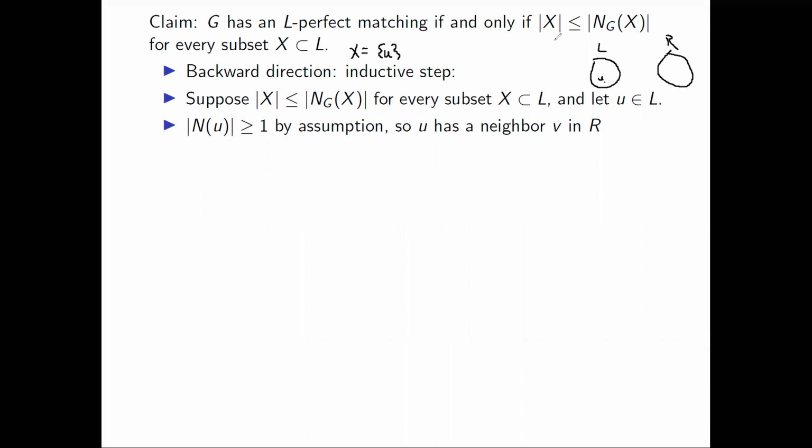And so we know by this criterion up here that the cardinality of that subset just with U in it, which equals 1, is less than or equal to the neighborhood of that subset in G, which we usually write as neighborhood of U, like N of U. So the size of the neighborhood of U is at least 1 by that assumption.